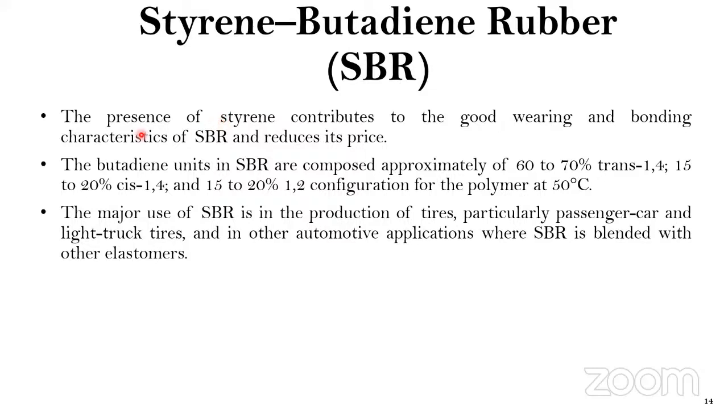The presence of styrene contributes to the good weathering and bonding characteristics of SBR and reduces its price. See, what I told you, styrene has some advantages and butadiene also has some advantages. So whatever overall property we get by this copolymerization, these individual polymers contribute their own properties.